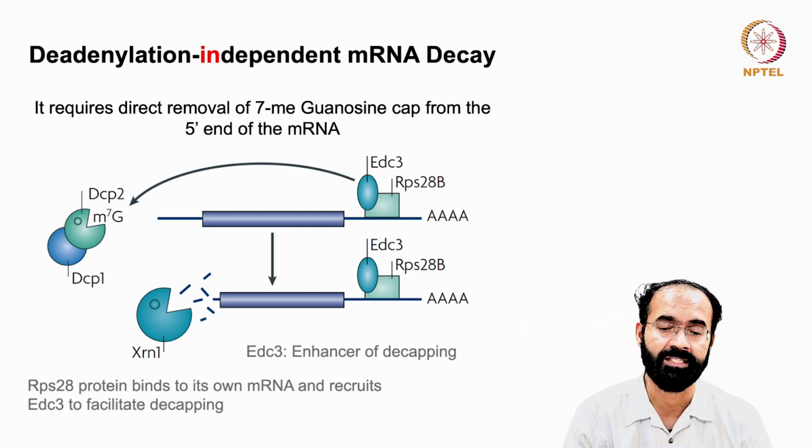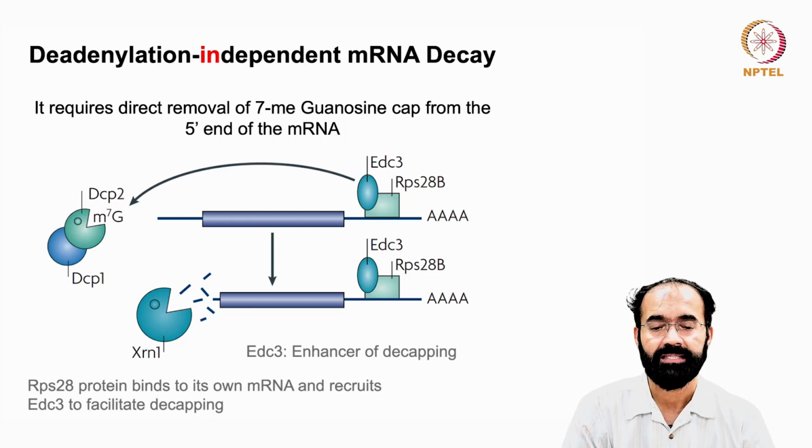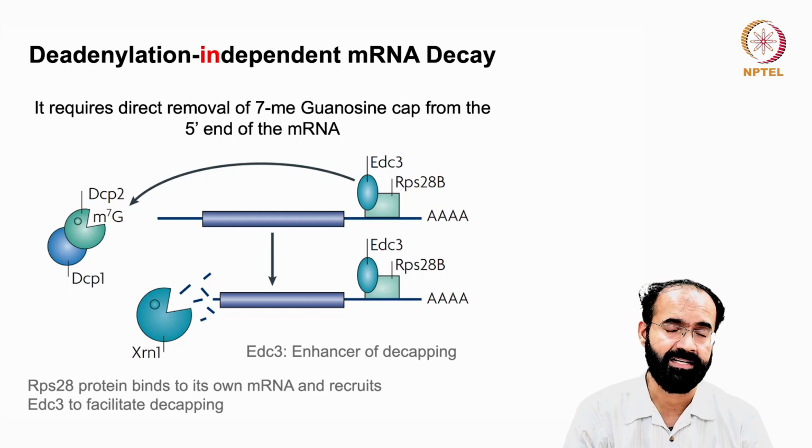But here what happens, although it is an RNA that has an intact poly-A tail, is the binding of two proteins, RPS28B and EDC3, a heterodimer, between the coding region and the poly-A tail, or polyadenylated region, which we call the 3' untranslated region.